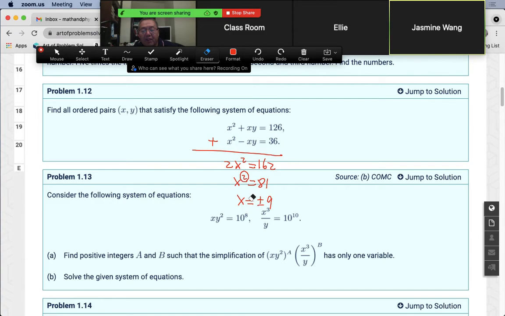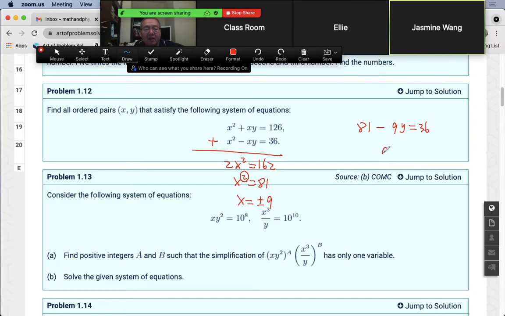Then after you get x equals plus minus 9, you can plug this into the first equation or the second equation. Now let's plug into the second one. So you got x squared, that's 81, then minus, suppose first x equals positive 9, 9 times y equals 36.